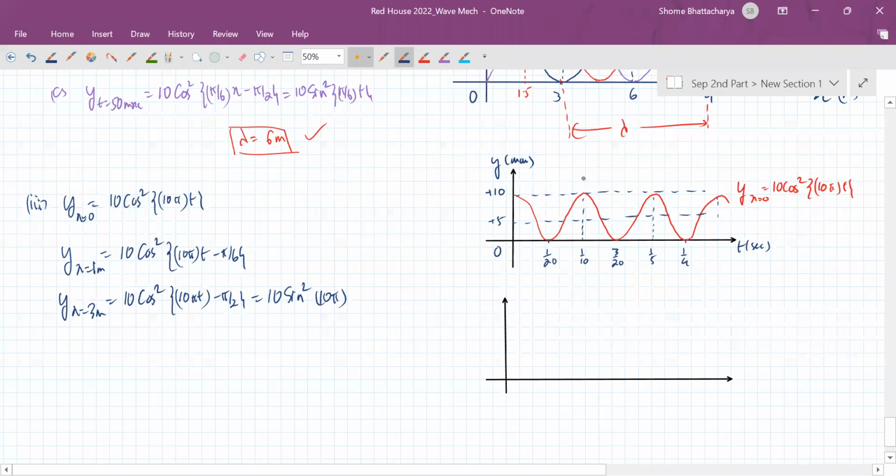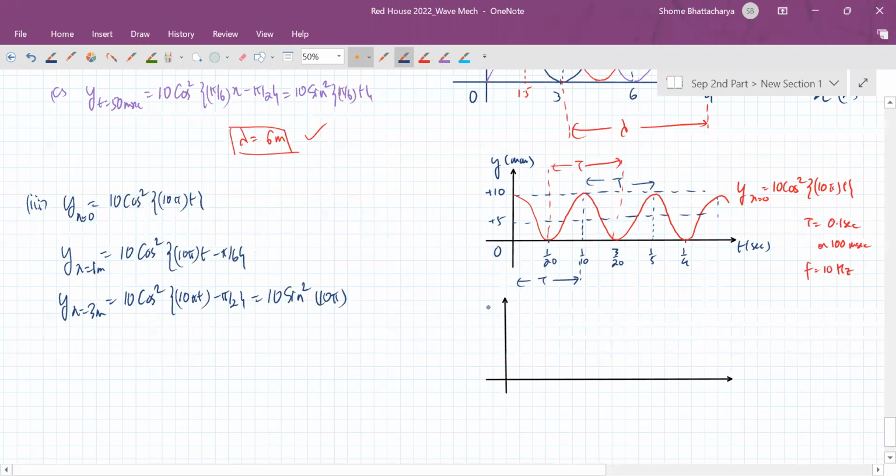So you can see that the time period of oscillation, 0.1 seconds or 100 milliseconds is the time period. Okay. So frequency is 10 hertz.